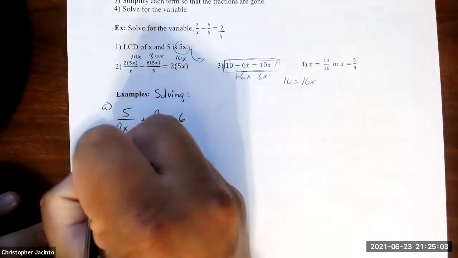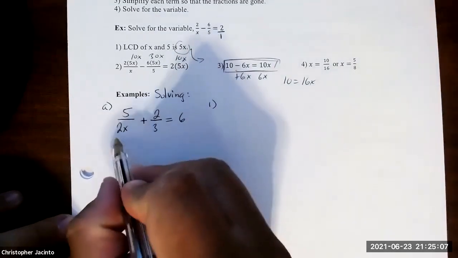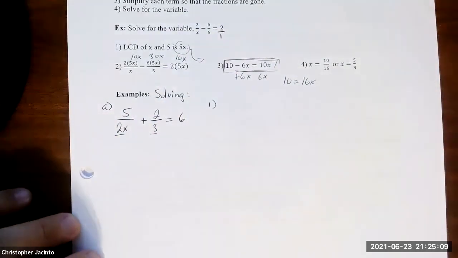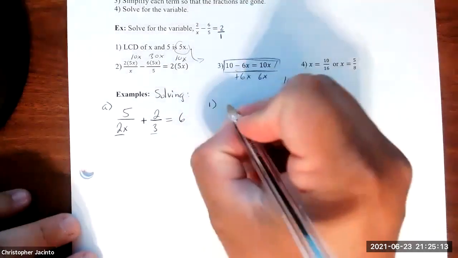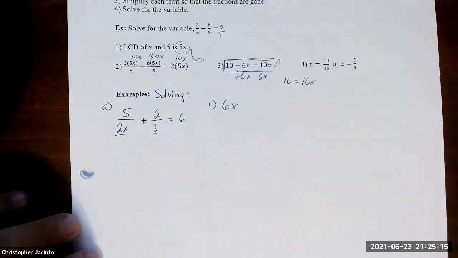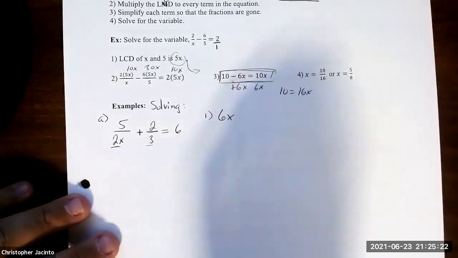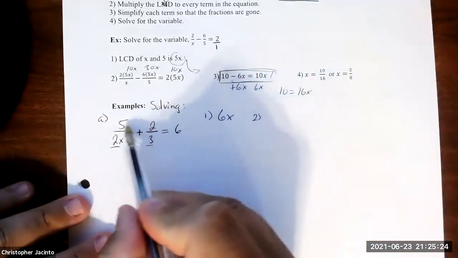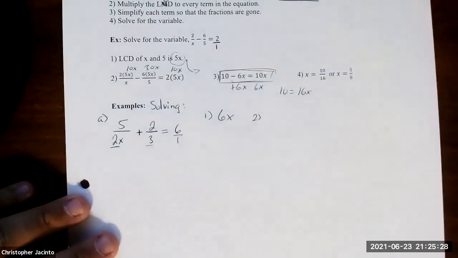So step one, we want to find an LCD, which again in most cases is just multiplying those out. So if we multiply 2x times 3, that gives us 6x, right? So we found our LCD. Step one, check. So now step two, we're going to multiply all of the tops by our LCD, 6x.